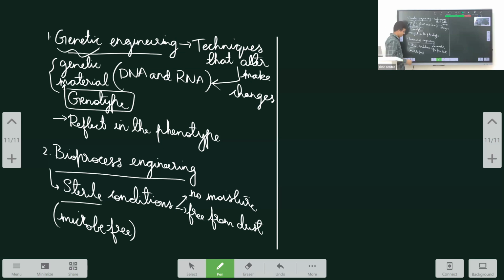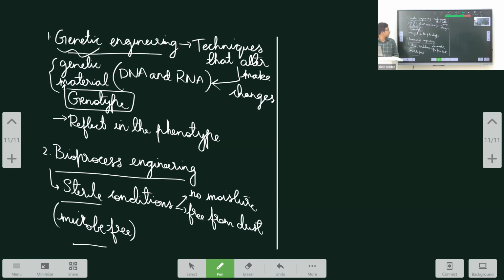And what else? Free from microbes. Can you relate or think back? Because if there is any presence of moisture, you would see the uncontrollable growth of microbes. So in order to prevent that, sterile conditions are ensured.